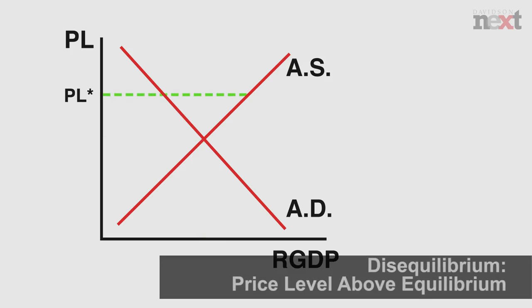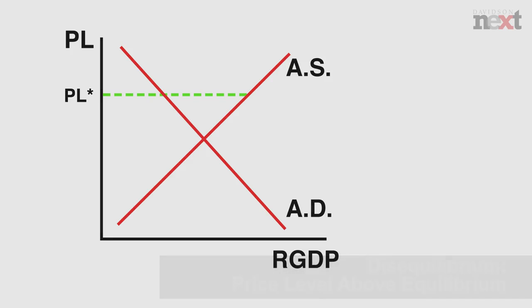So we have a price level now, PL star, that's above the equilibrium price level. And as you look at your diagram, you can see at that price level, the quantity of goods and services in aggregate that households, businesses, and government want to purchase is going to be below the output level that businesses want to produce.